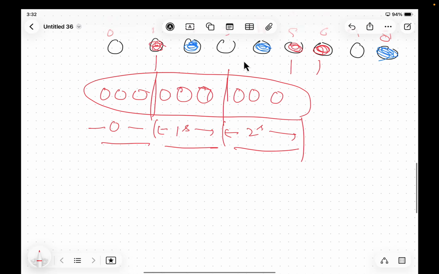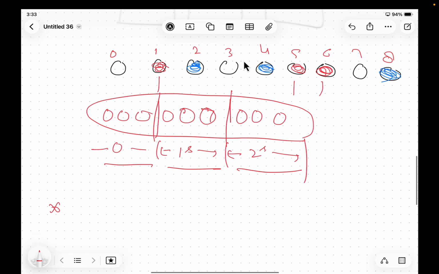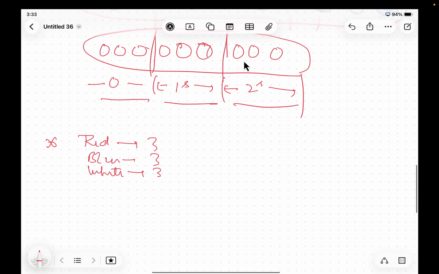So what could be the solution of this? If I'm not going to use any special technique, by brute force, what is coming to my mind? These numbers I have given, so let's count all the colors. Red I am having 3, blue 3, and white 3, all three.